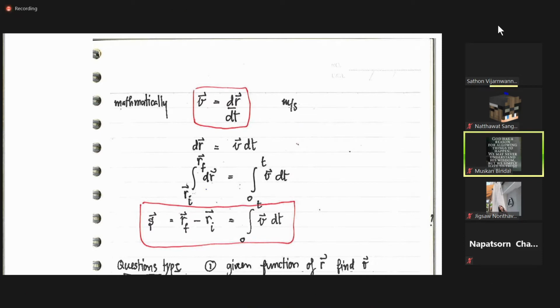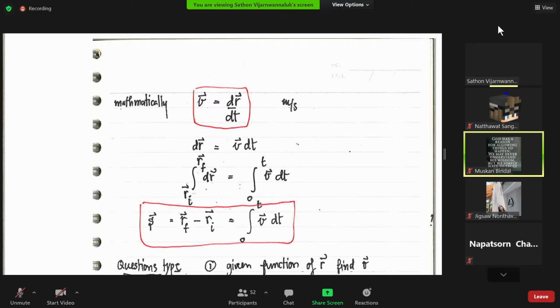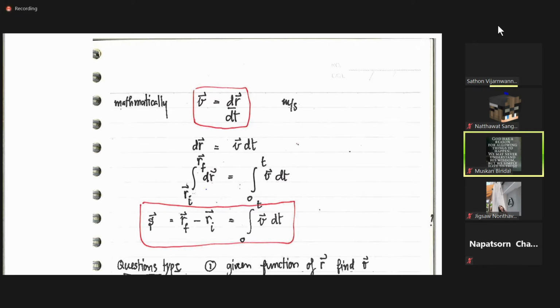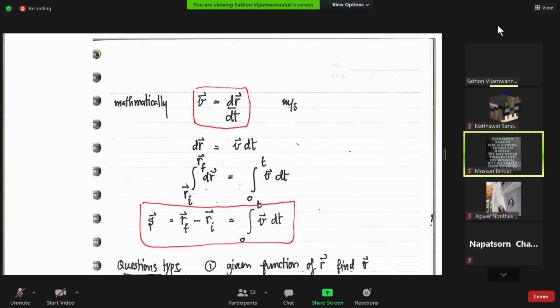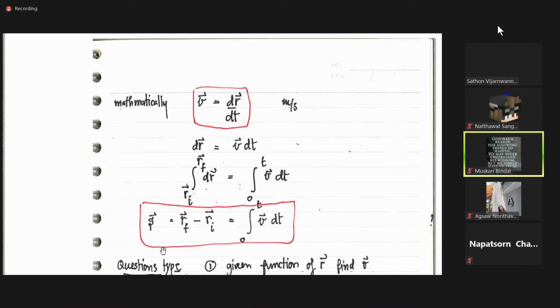So the displacement, rf minus ri, is equal to the integration of v dt. That is the basic formula, or basic relation, between the displacement and the instantaneous velocity.